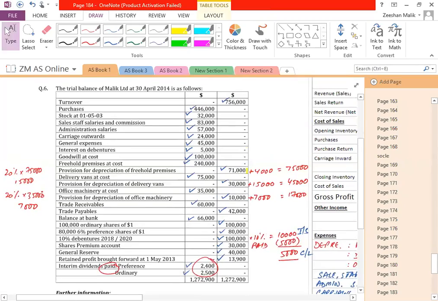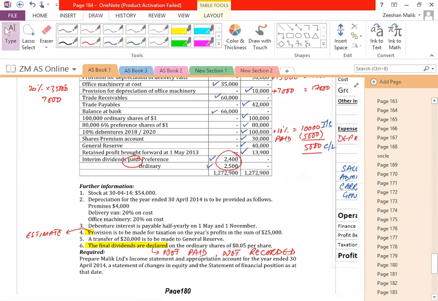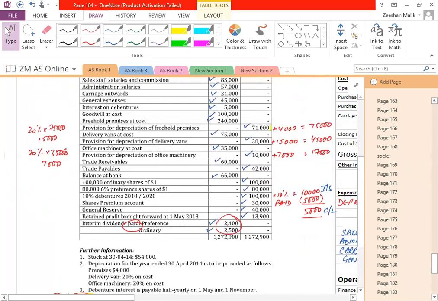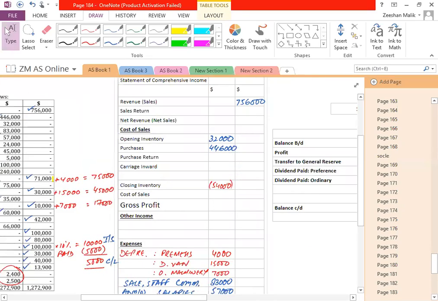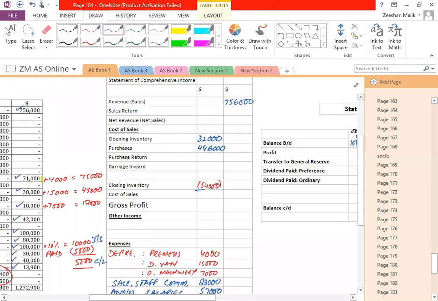So we have done all the adjustments and the trial balance items. Here we go for the calculations. Calculators, cost of sales. Start your journey. Calculators.